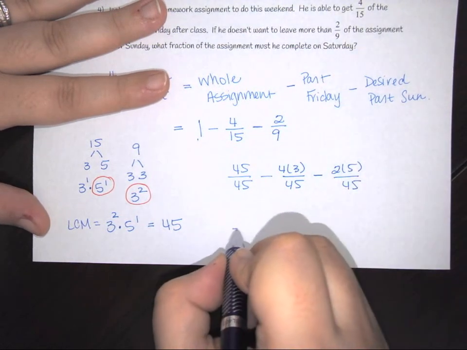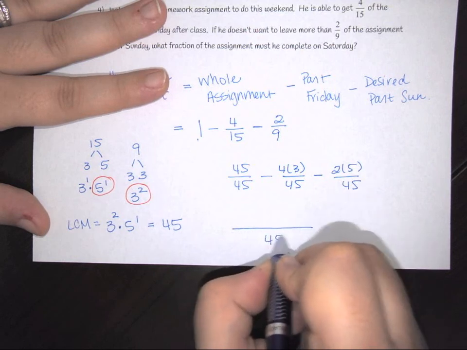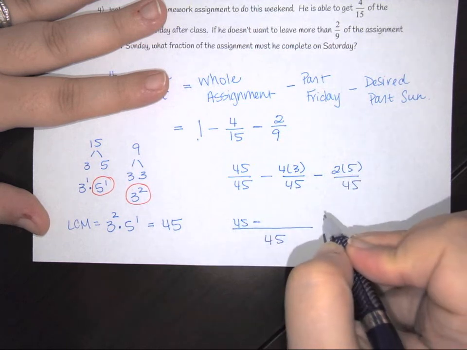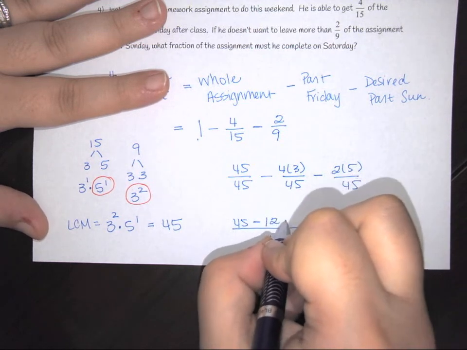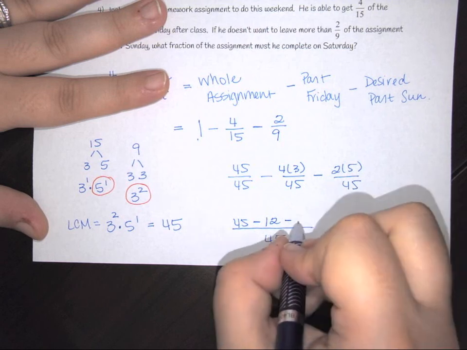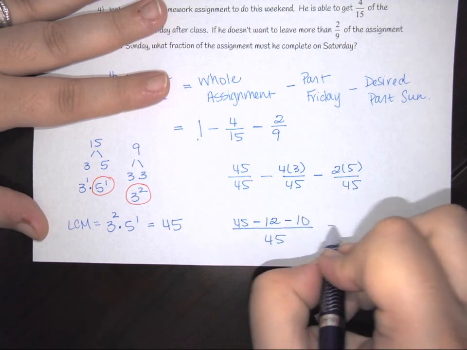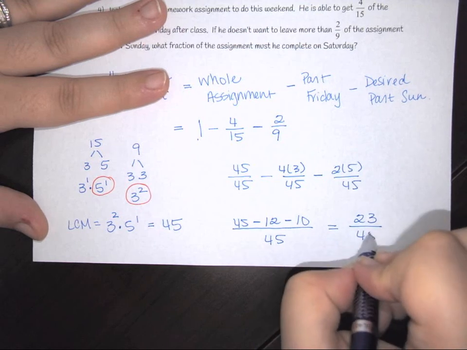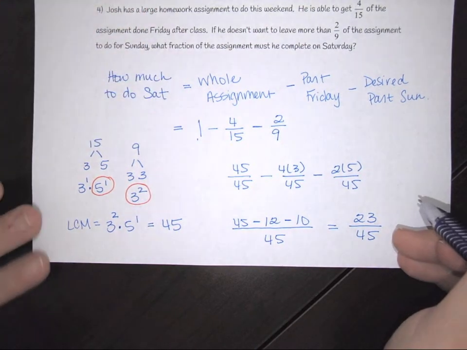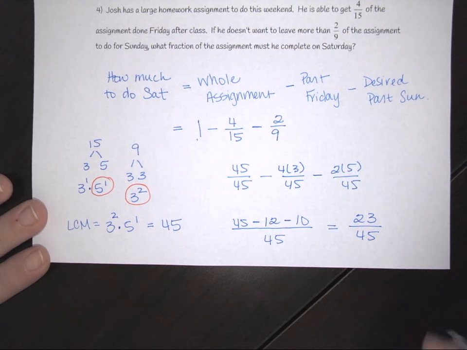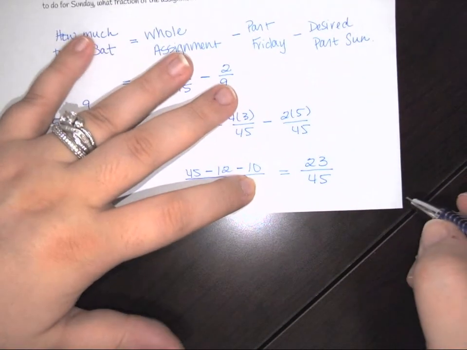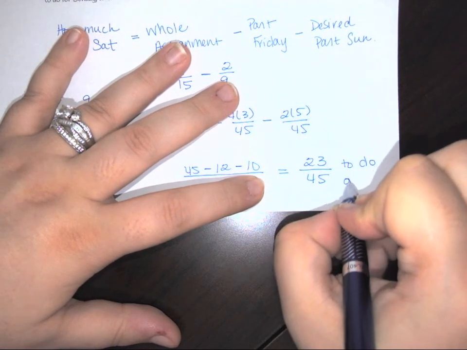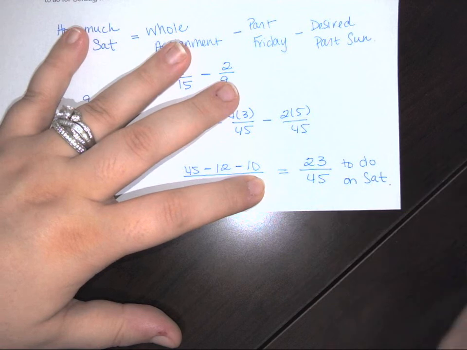I can put the whole thing over my single denominator, and this becomes 45 minus 4 times 3 is 12, minus 2 times 5 is 10. And that is going to leave me with 23 over 45 amount of homework to do on Saturday. So this is 23 over 45 to do on Saturday.